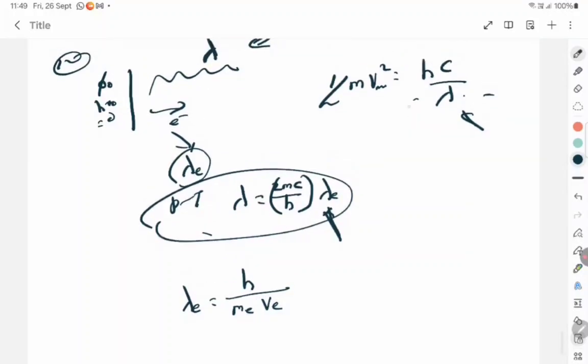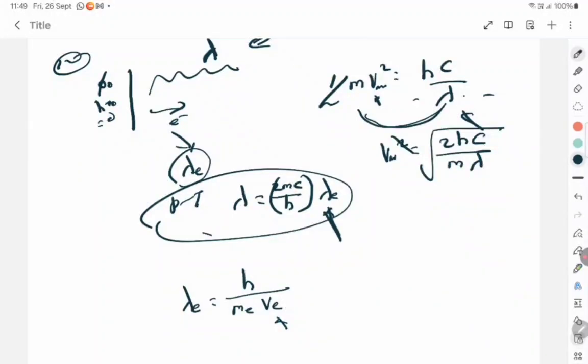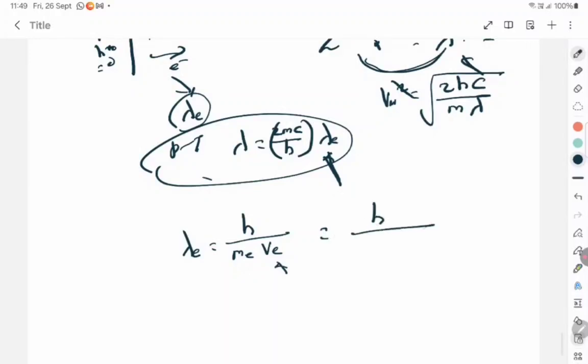And you know that the entire energy is getting transmitted to the electron, so this velocity can be plugged in here. V max square is 2 into h into c by m into lambda, correct? So this is root, and that can go here. So it's h by mass of the electron into velocity of the electron, which is root of 2 into h into c into root of m into lambda, where this is still mass of the electron only.